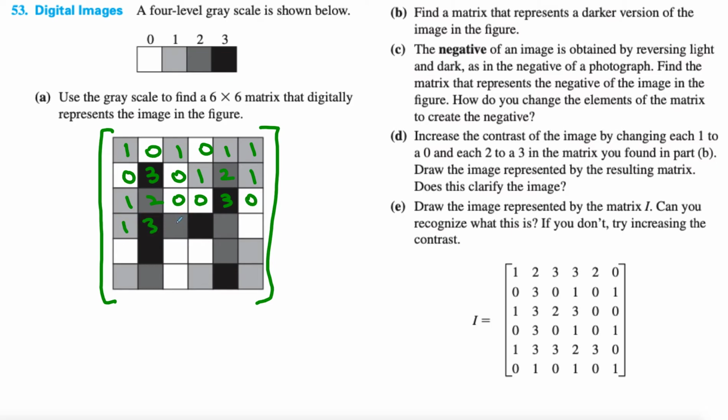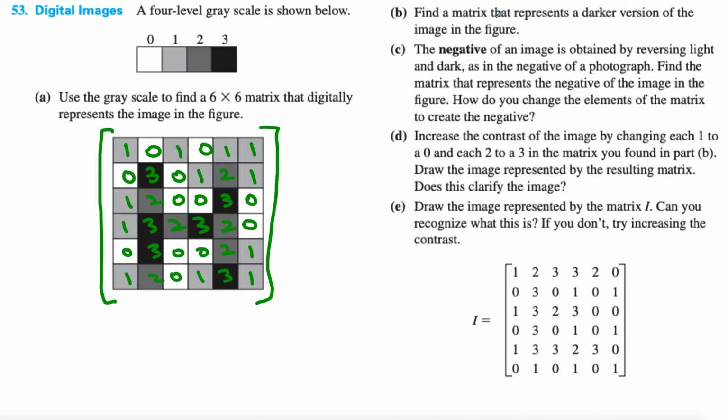This one seems to be a bit darker than this one, so 2, 3, and this one becomes 2, 0. And 0, 3, 0, 0, 2, 1, then 1, 2, 0, 1, 3, 1. So that seems to be our values of the matrix.